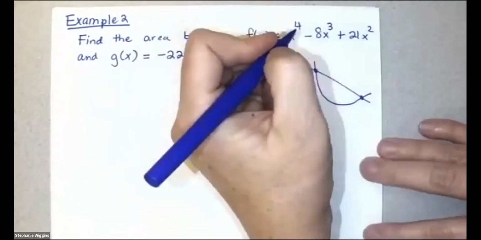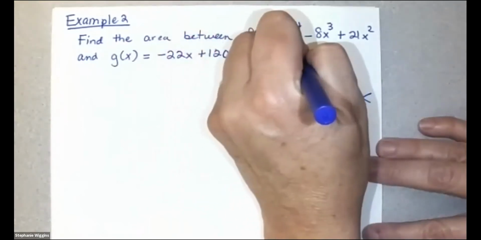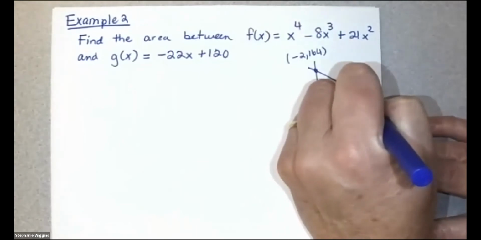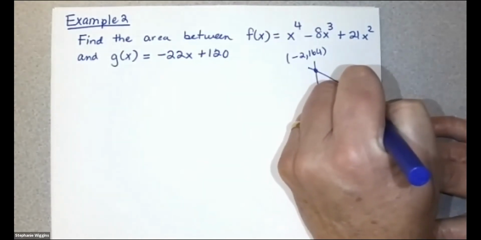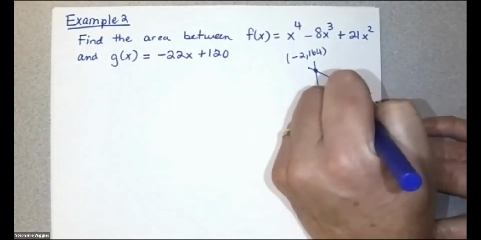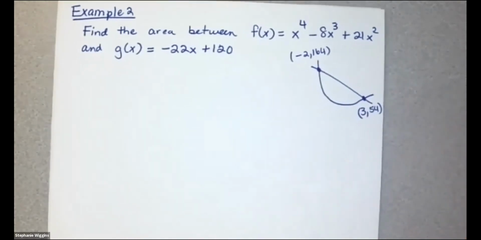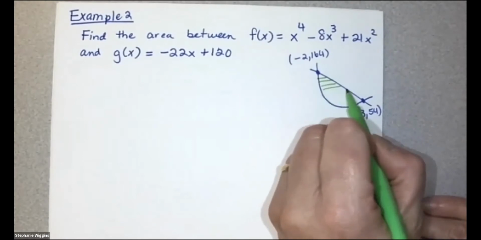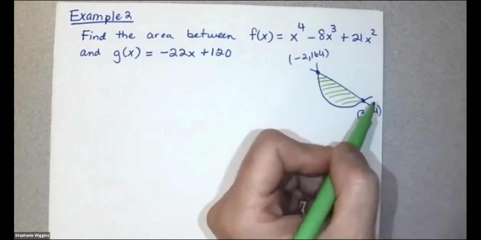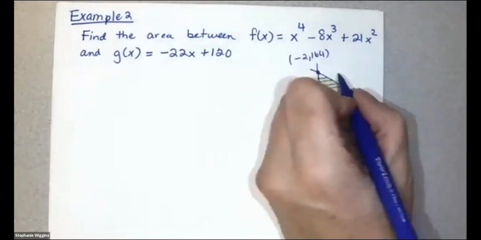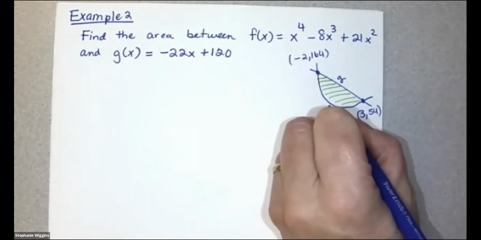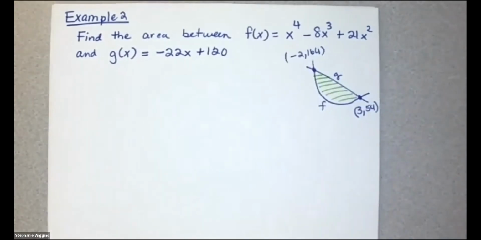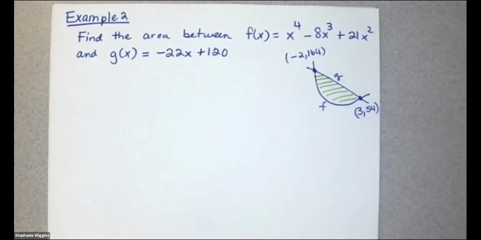This point here was negative 2, 164. And over here, this point is 3, 54. Okay. So we are finding this area in between. And the linear function is our g of x. This is g. And our polynomial function is f. All right, so we're going to take g minus f.